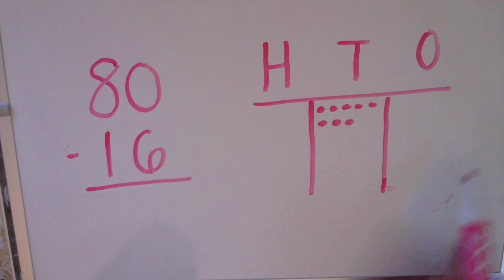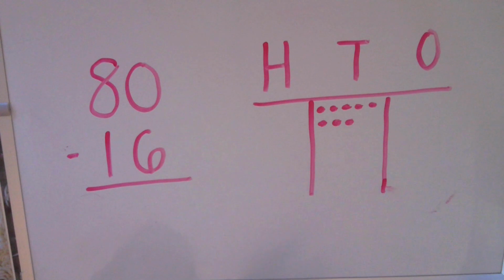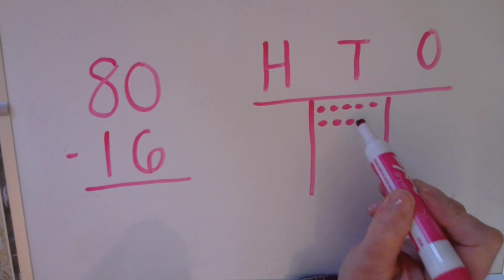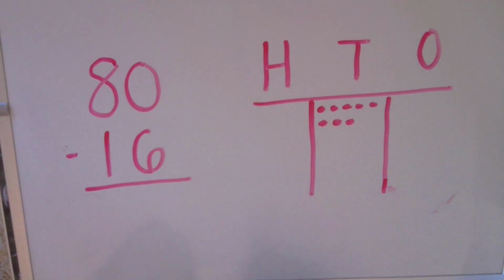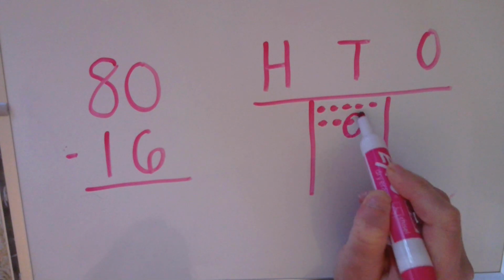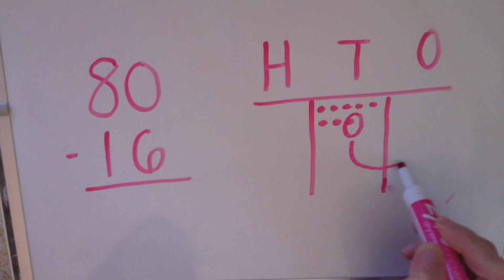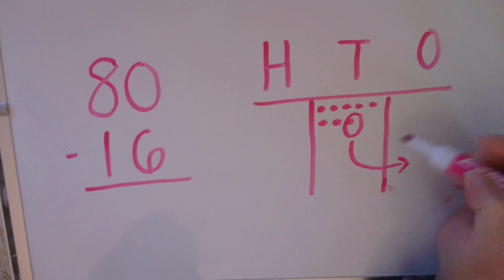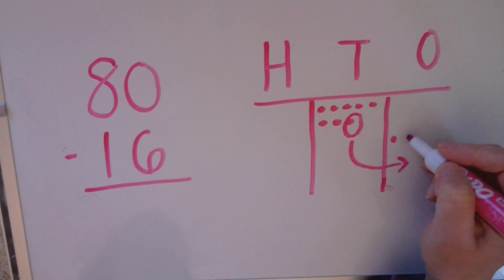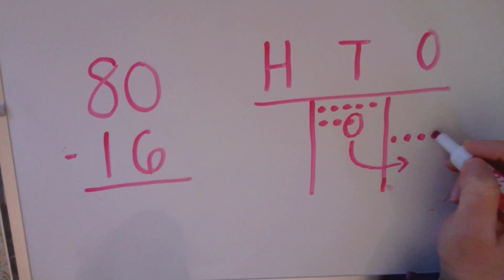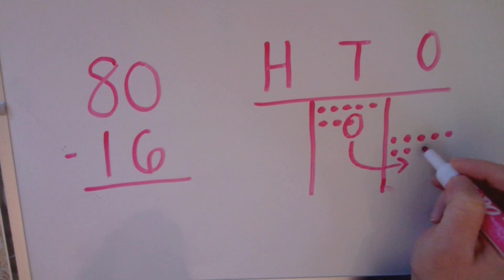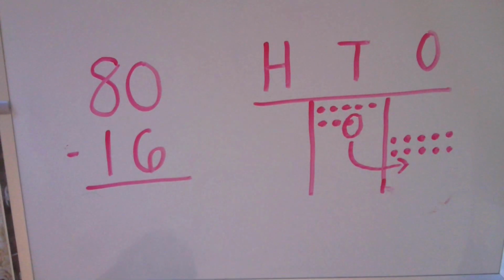And they will quickly be able to tell you, we cannot do that because we don't have any ones in our place value. So we need to unbundle a 10. So we would take this 10 right here, move it over to our ones, and we would draw 10. 5, 6, 7, 8, 9, 10.